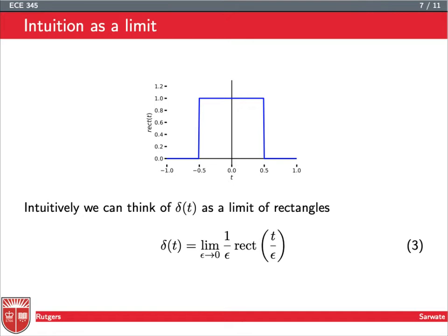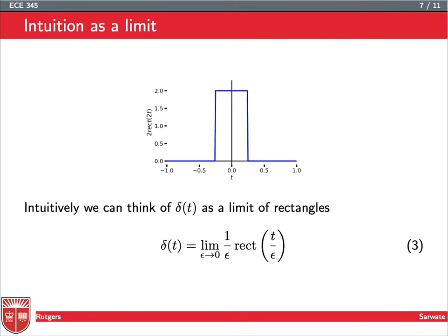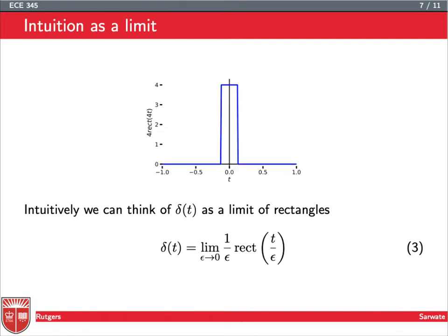It's getting thinner and taller and thinner and taller. So we can see how this looks. There's a rect function, and we squished it by a factor of 2, so it got twice as tall. Now this is of total width a half and height 2, so the area is still 1.